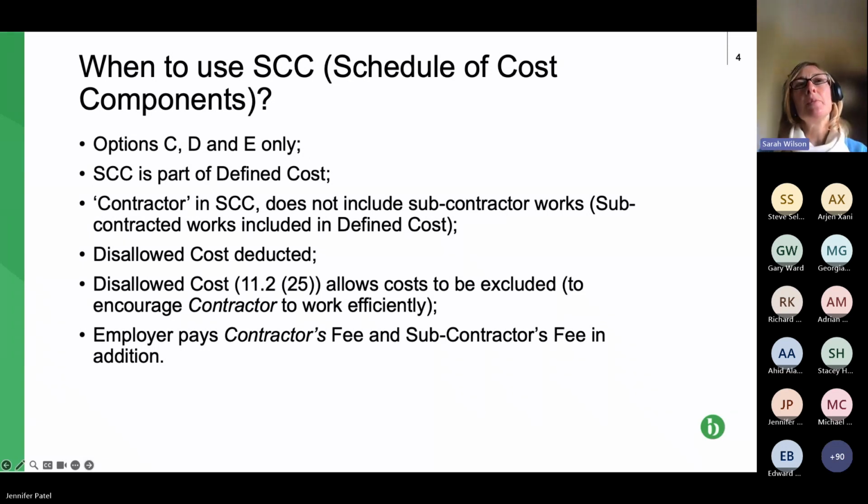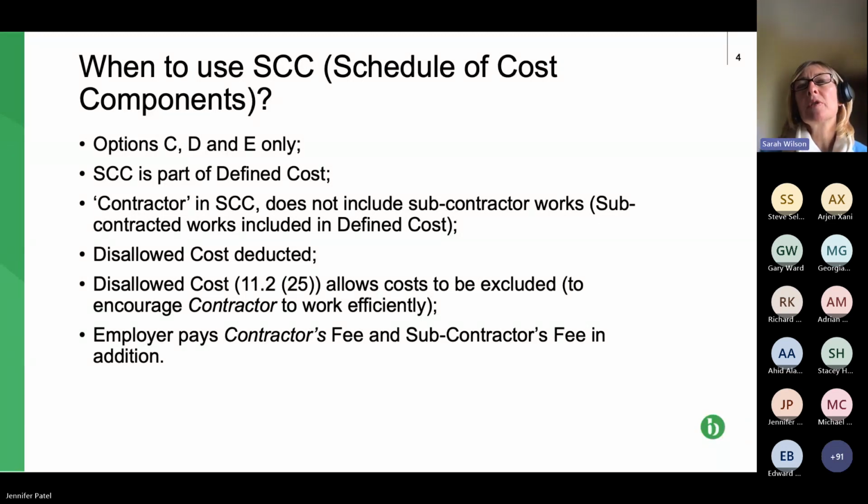And then towards the end, we're going to look at the detail of the schedules themselves. They're usually found right at the back of the NEC form of contract. I often struggle to find them. And they're about 4 to 6 pages long.